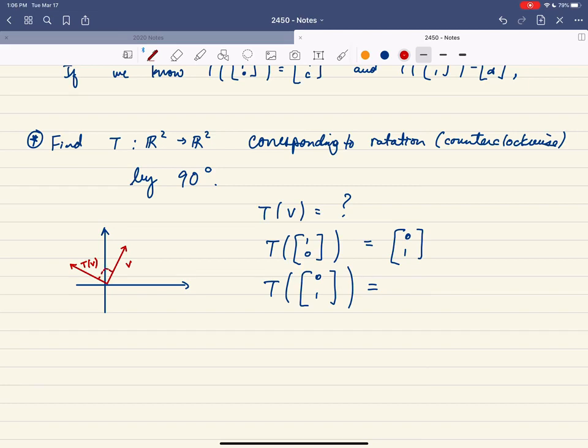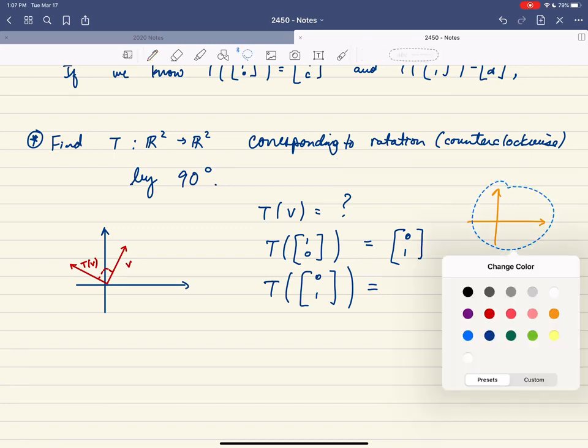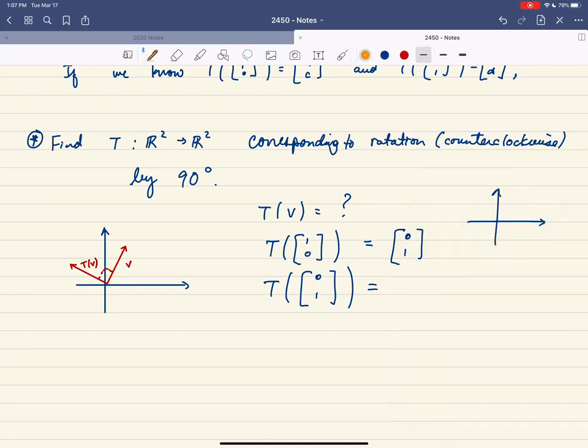Okay, so the first thing we were trying to figure out is, if we were talking about rotating by 90 degrees, we need to figure out that if we take our vector (1, 0), that's going to get mapped to (0, 1). So that's what the map is. So T of (1, 0) is going to be (0, 1). On the flip side, if we look at our vector (0, 1), so that's our other basis vector.